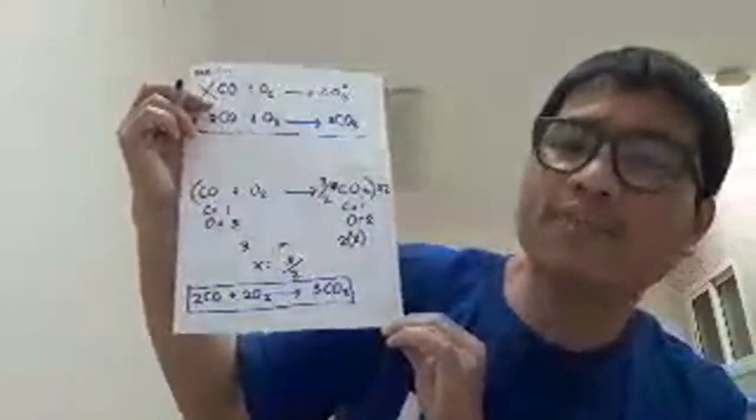Okay? So rebalance again. So 2 carbon, 3 carbon. So let this be X. So 2X equals 3. So X equals 3 halves.